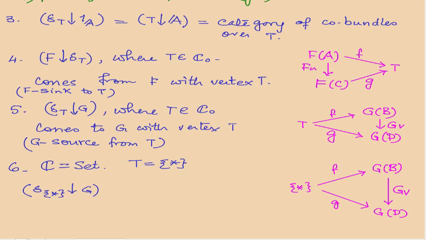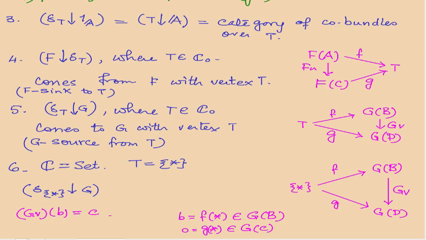Okay, but this means that F star is an element of GB. G star is an element of GC. And GV of B is therefore equal to C. Okay?